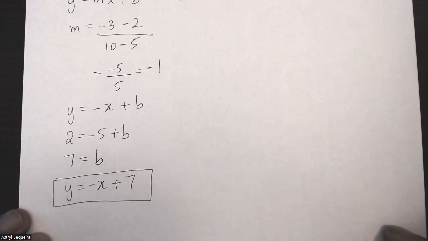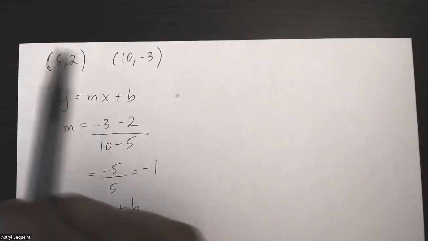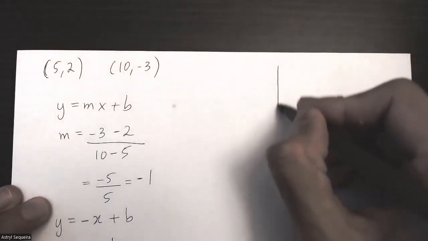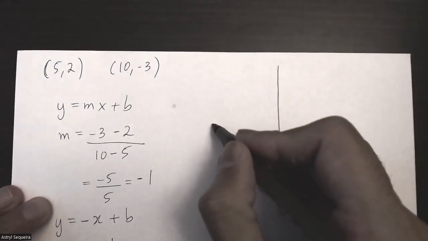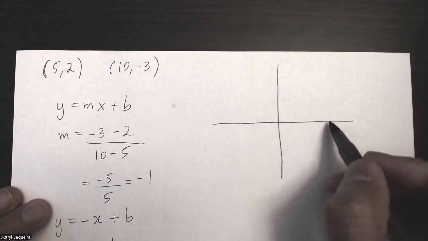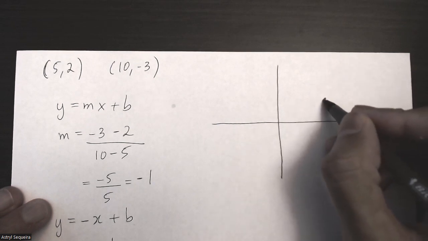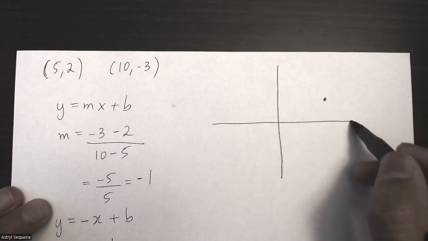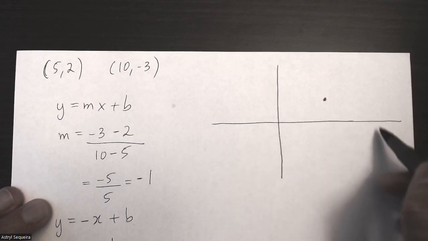Next, let's find the exponential equation that passes through these 2 points over here. So for an exponential equation, you want to sketch it out first so that it gets a bit easier to find the equation. We have 5 and 2 over here, and then we have 10 and -3 over here.